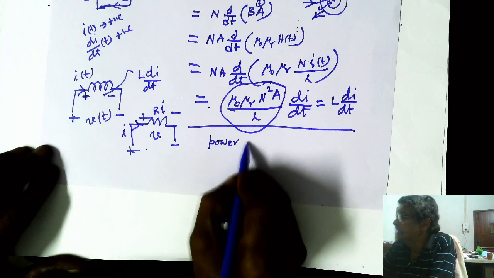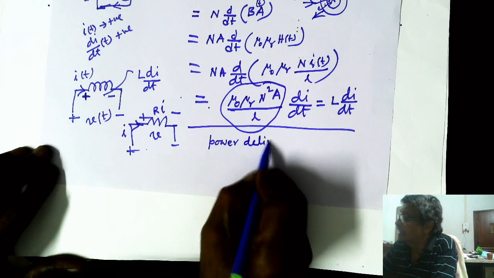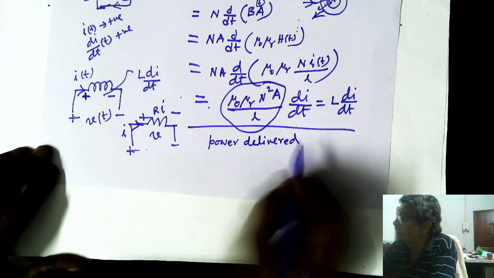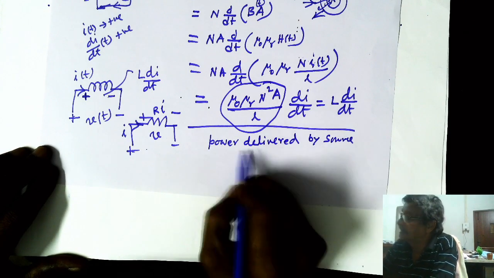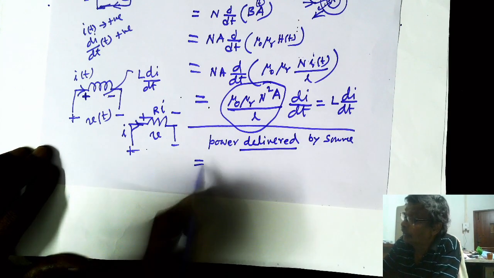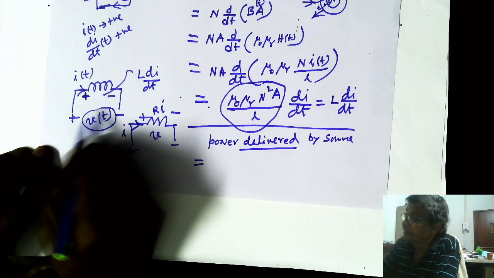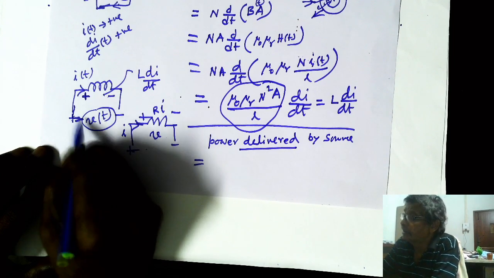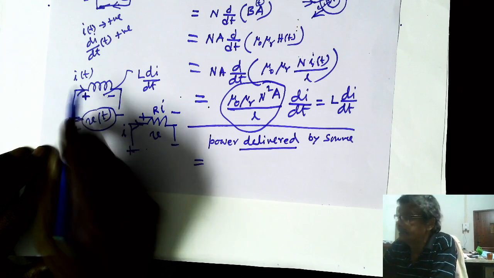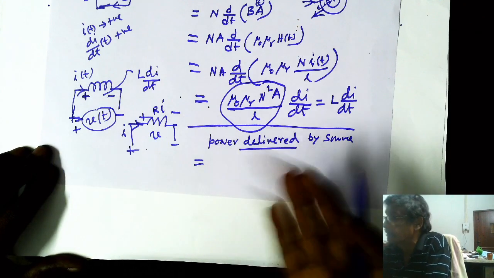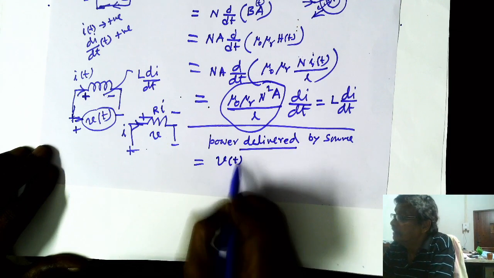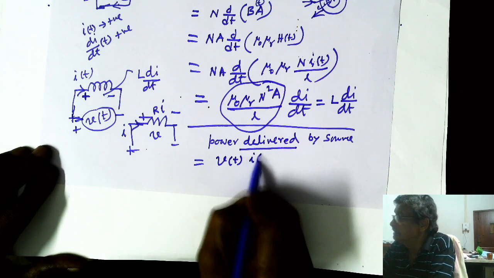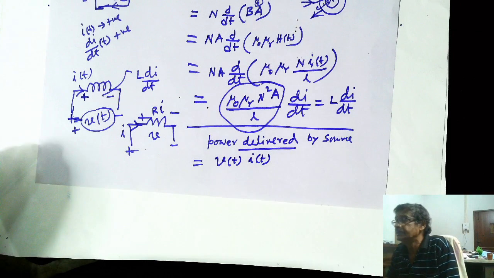See, this writing is very important, power delivered by the source. This is the source, current comes out from the positive terminal. It is delivering. That's why I have written delivered power. It is equal to V(t) into i(t). Isn't it?